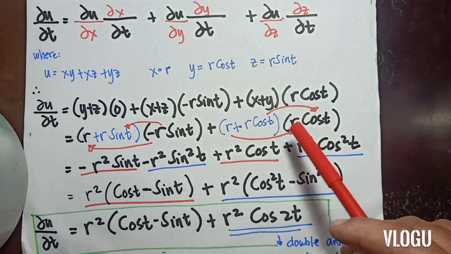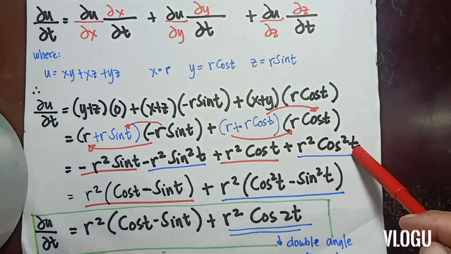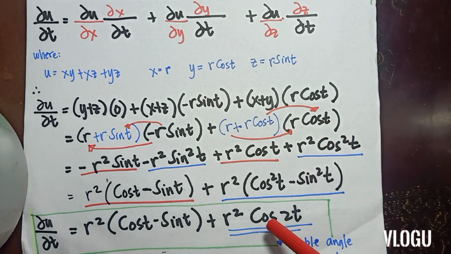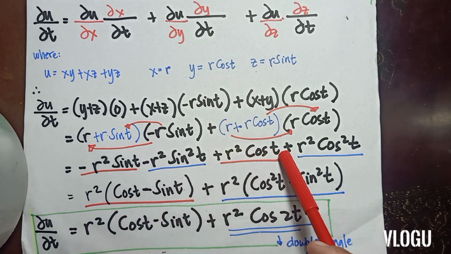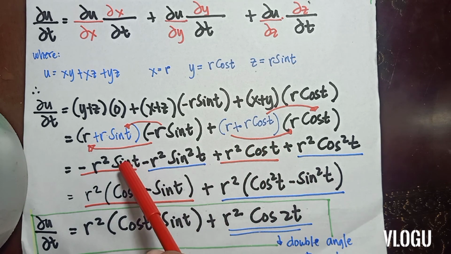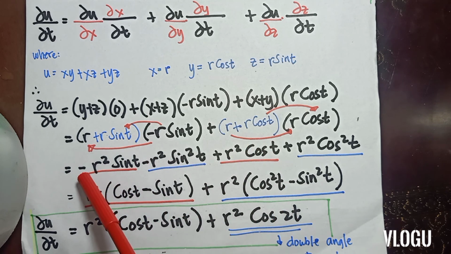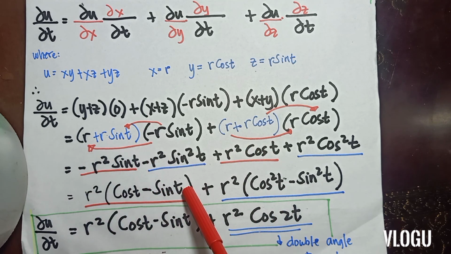Then you combine like terms. We combine cosine t and sine t: cosine t minus sine t, minus because it's negative.